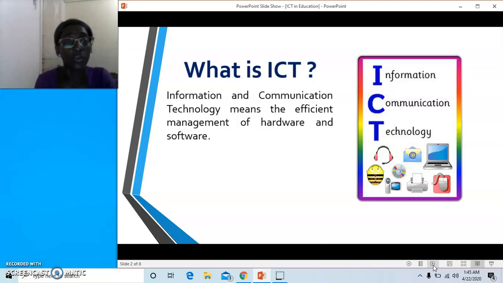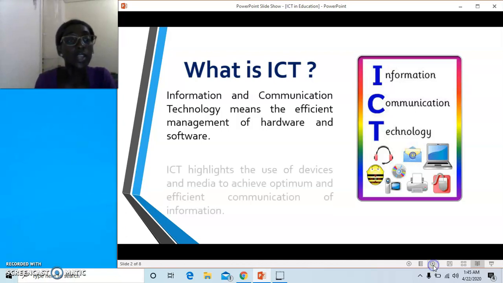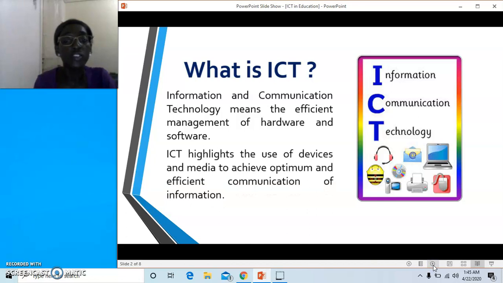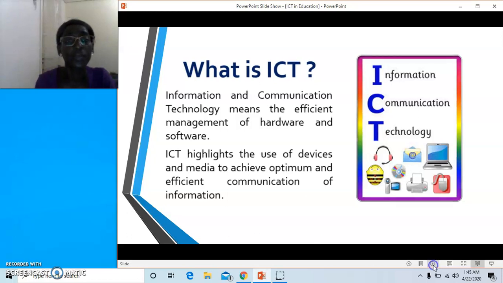And the software, that are the programs that are in these devices. ICT highlights the use of devices and media to achieve optimum and efficient communication of information.